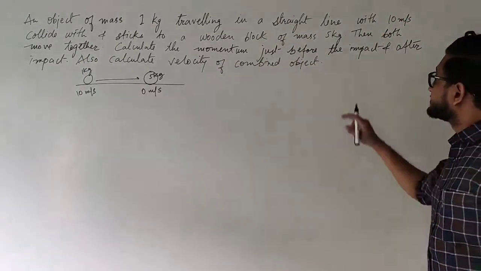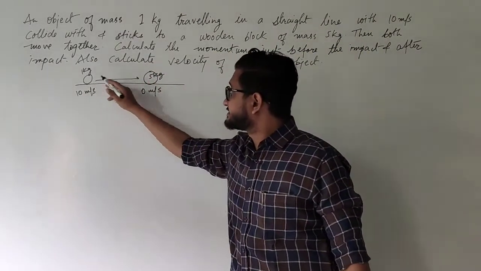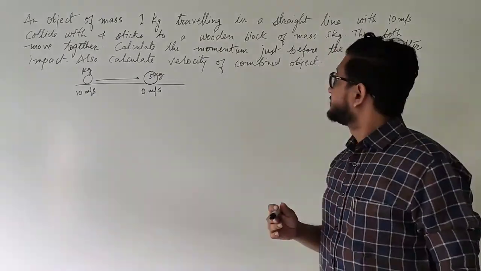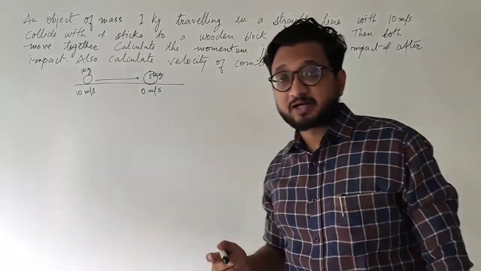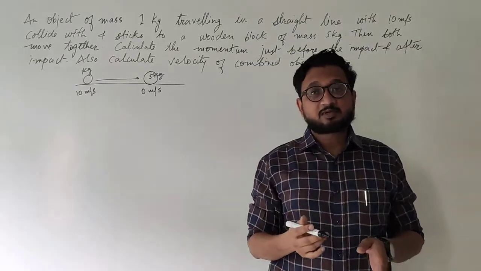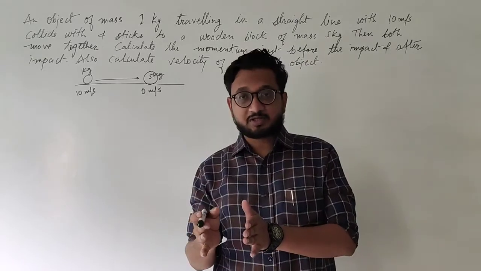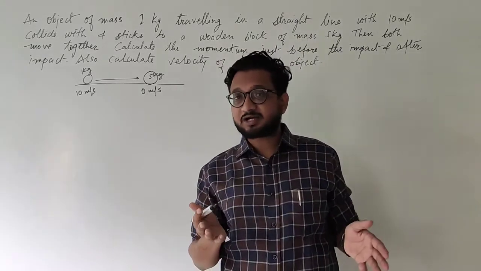Now the next part is, then both move together. Because this object sticks to this object and they both are moving together, calculate the momentum just before and after the impact. We know that by the law of conservation of momentum, the initial momentum before the impact and the final momentum after the impact are the same.